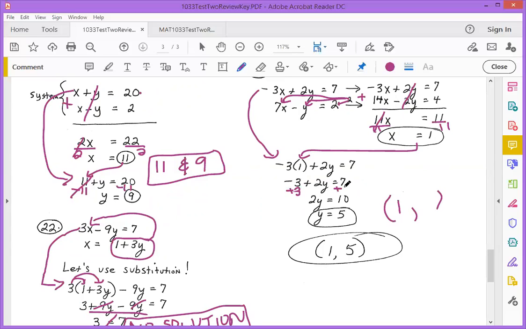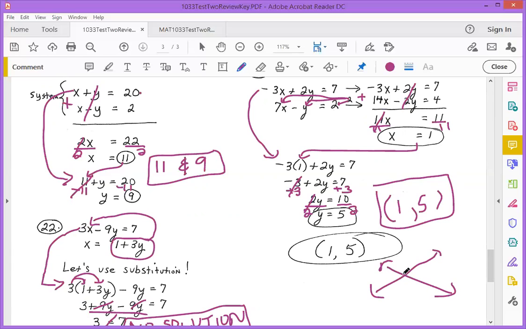We'll get 2y equals 10. Divide both sides of the equation by 2, and we'll get y equals 5. So here's our one solution, (1, 5). The graph of this should be intersecting lines. We should see 2 lines that intersect at the point (1, 5).